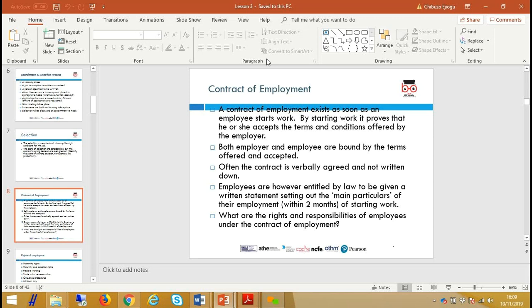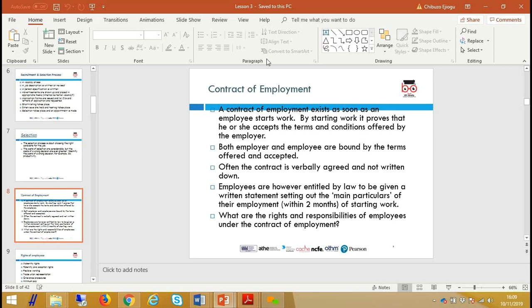Obviously, as a good HR practitioner, we encourage all contracts of employment to be written down. In fact, the UK now has some legislation that says within 2 months of your starting work, you have the right to get a written document which clarifies your contract of employment. But the best practice, HR best practice, is to right from day one issue a contract of employment that is written.